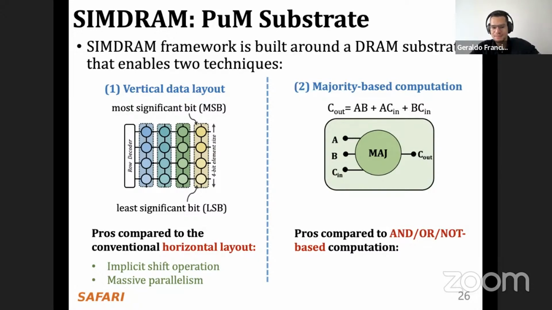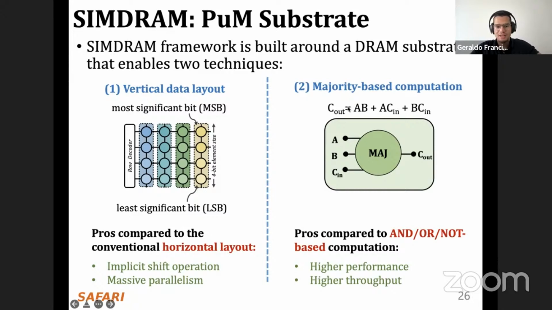The main idea of enabling majority-based computation instead of AND or OR based computation is that we are going to have higher performance and higher throughput, mostly because since the sense amplifier is actually doing majority, we can leverage that to reduce the number of triple row activations that we need for a particular computation.